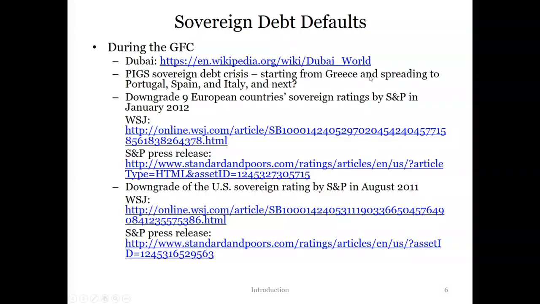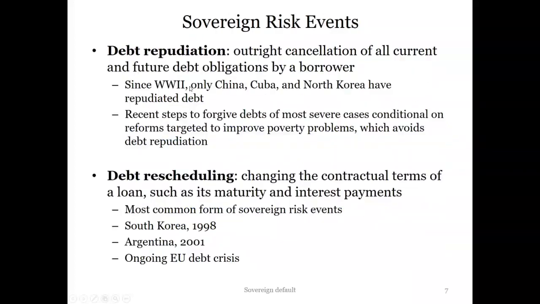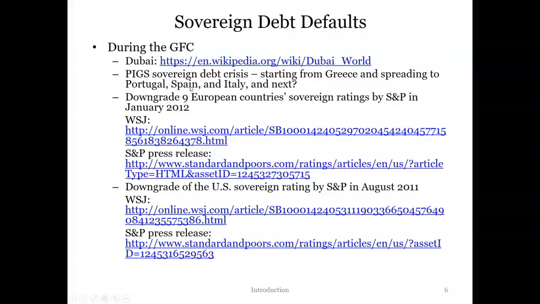So Greece, Portugal, Spain, Italy, they all defaulted on their sovereign debts and required IMF's assistance and the delay of the payments and all that. I think until last year, Greece was still not able to fully go back to a normal state to pay their debts. So it's a very big event happening for several years, right?